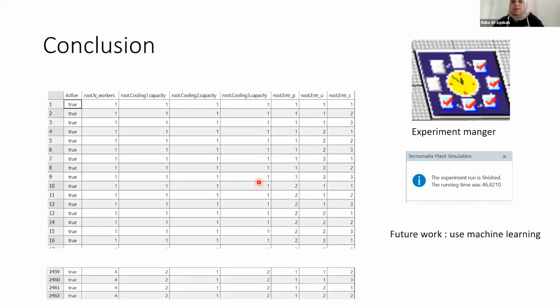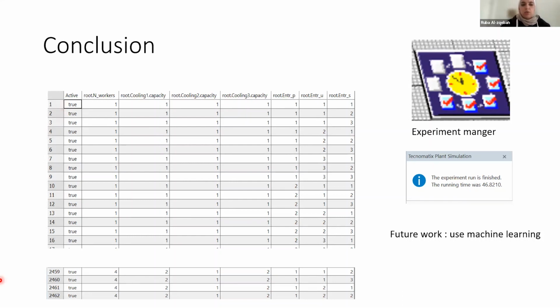So here's the interesting part: the simulation can help you run a huge number of experiments. I've used Tecnomatix Plant Simulation by Siemens. There's a tool called Experiment Manager that can help you run all the possibilities and combinations of the setup.